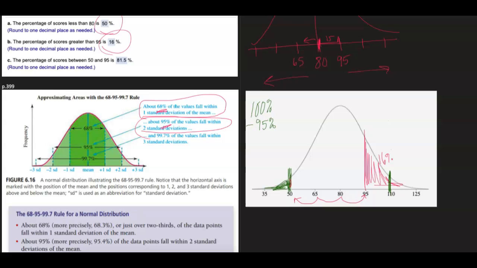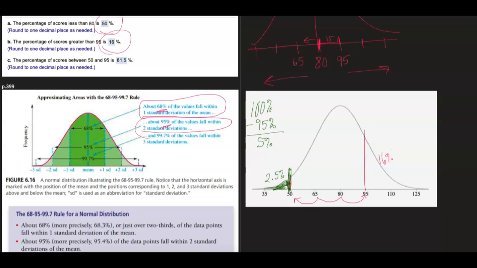Between those 2 tick marks is 95. If I subtract, I get the regions that are left, and I only need half of that. So half of 5% is 2.5%. So let me go back and see if I can erase just that green there. Okay, so that's what I need at this point.